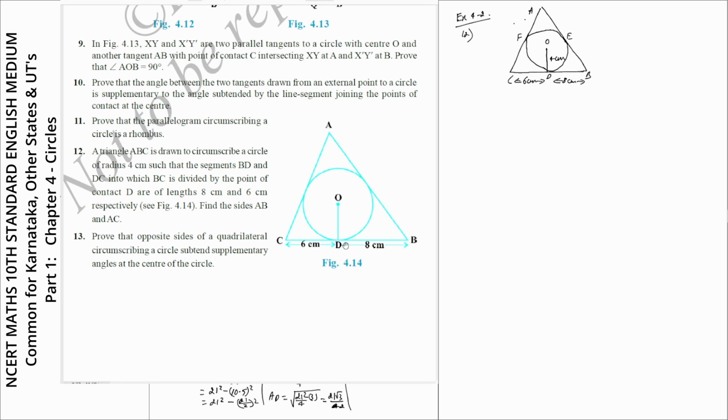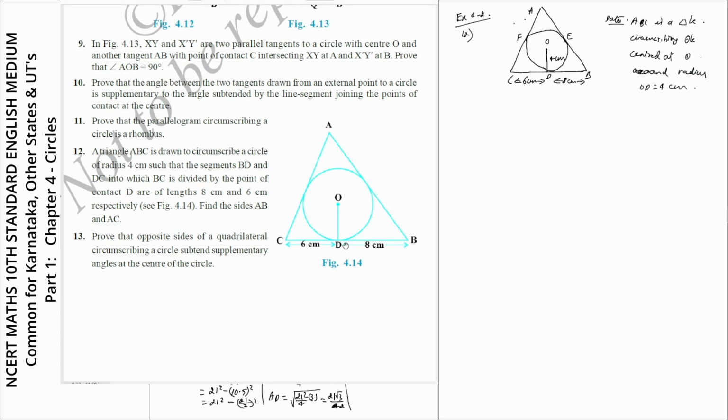So given data: ABC is a triangle circumscribing a circle centered at O. CD is 6, DB is 8, and radius OD is equal to 4 cm.